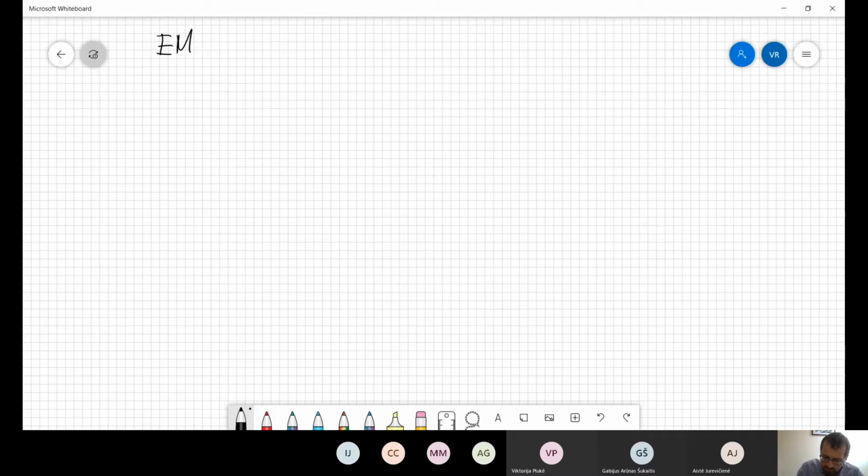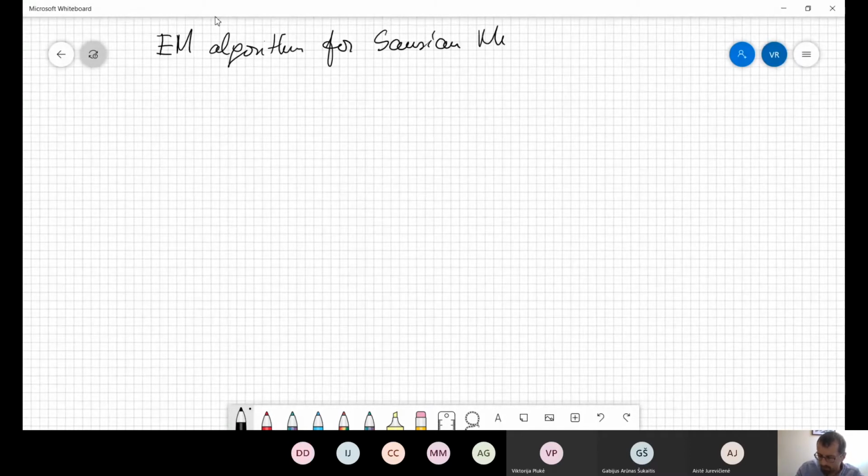We already have seen EM as separate steps for the k-means clustering, but there is a slightly different approach in the EM algorithm, because it mostly is used for the Gaussian mixtures. So, EM algorithm for Gaussian mixtures.